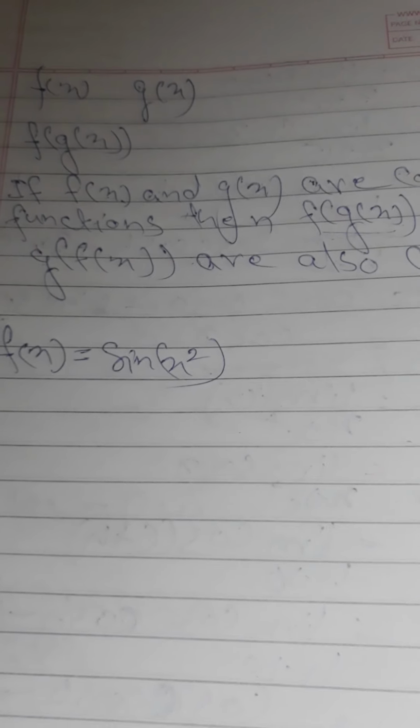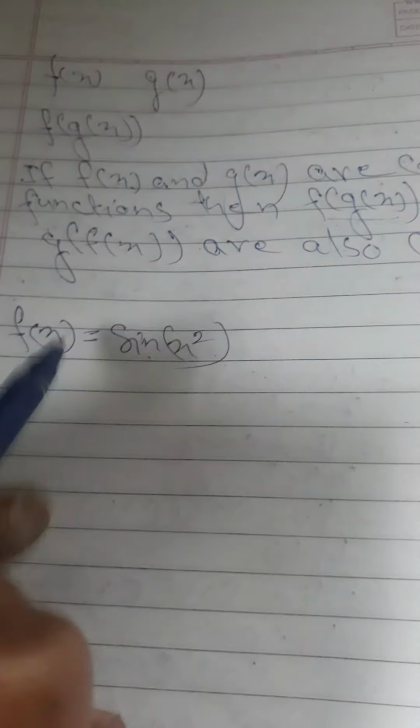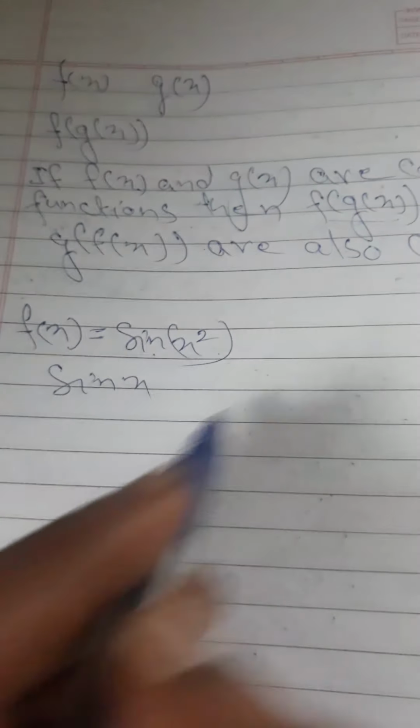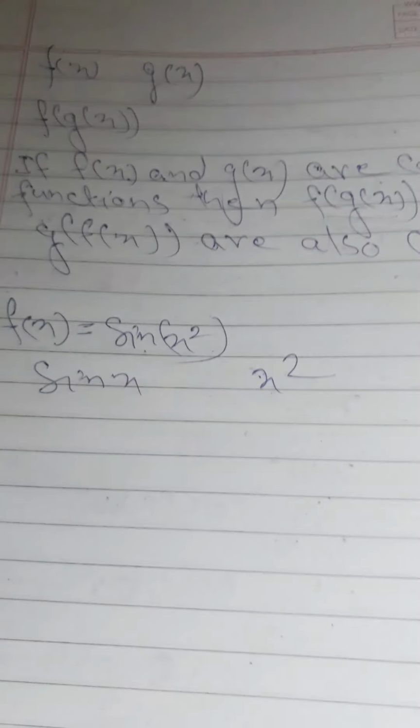Now we have seen that the addition, multiplication, subtraction as well as division of continuous functions are also continuous. Now based on this we shall see the examples. Now you have to check the continuity of f of x is equal to sine of x square. Now remember, sine of x square is a composite function with the outer function being sine x and the inner function being x square.